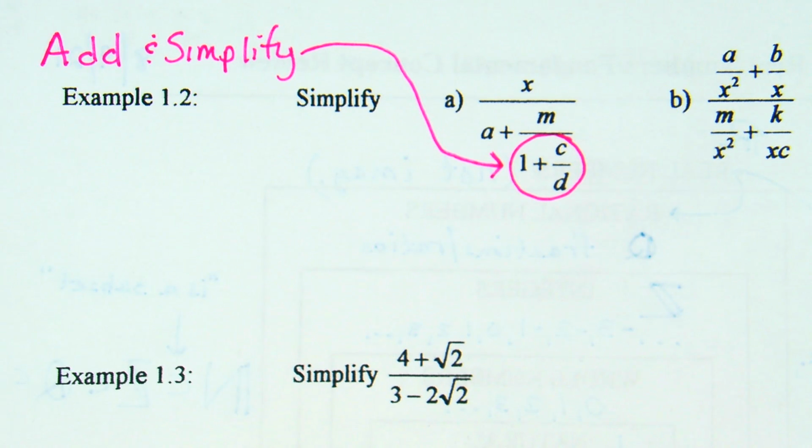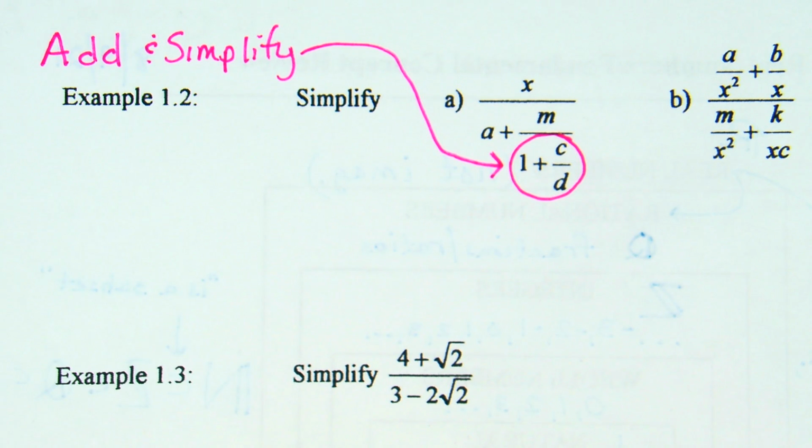I'll be honest, I usually do this part in my head. But I know we need the visual to get us started here, don't we? So 1 plus C over D is really going to be D plus C over D. Can you follow this step if I put it up here? And again, if you're going to need that later, find a spot to write it down.